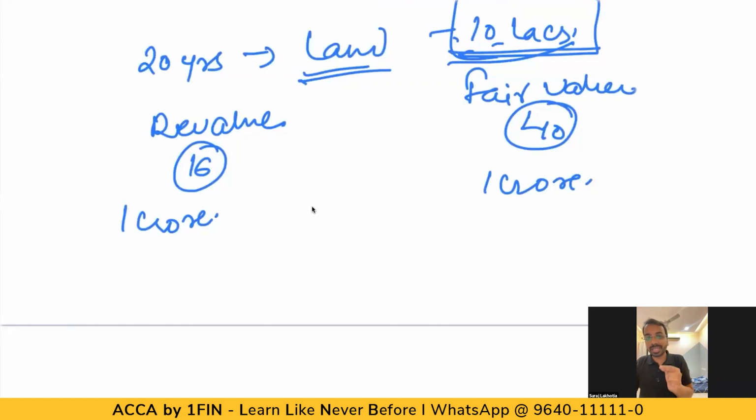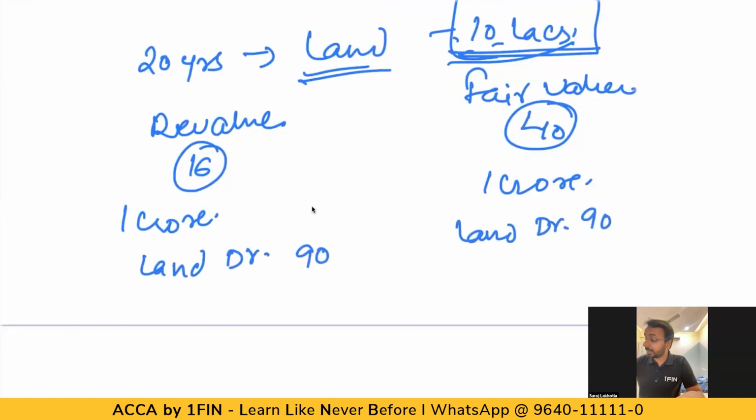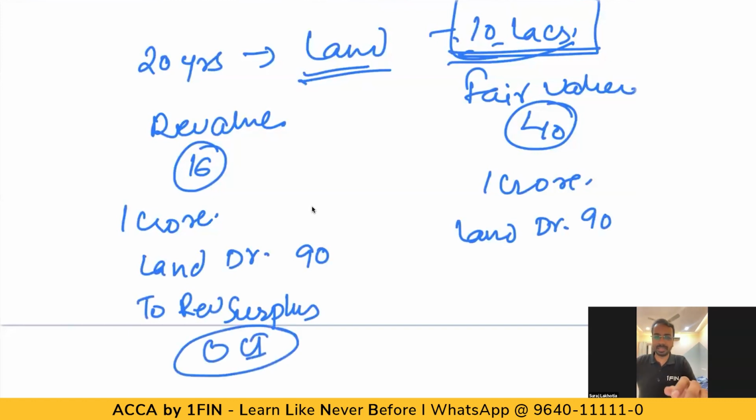Now tell me, what is the increase in value, the quantum of it? 90 lakhs. So you are saying land debit 90 lakhs. Here also you are saying land debit 90 lakhs and credit will be to revaluation surplus. There is a term called other comprehensive income. You will understand this in detail if at all you pursue ACCA.